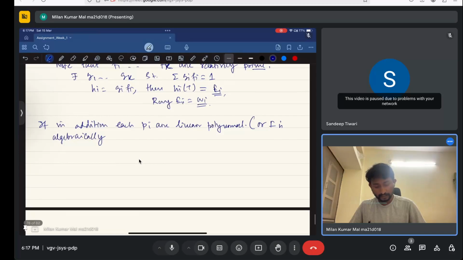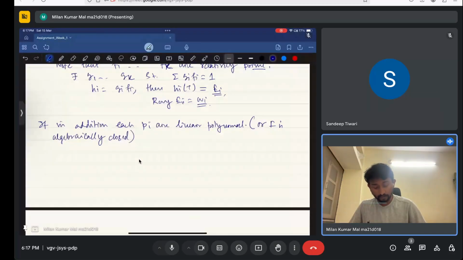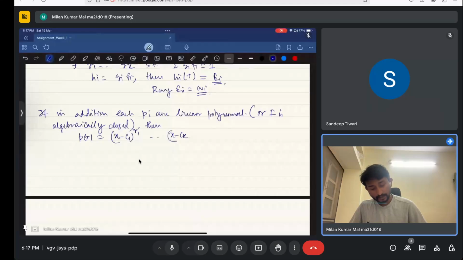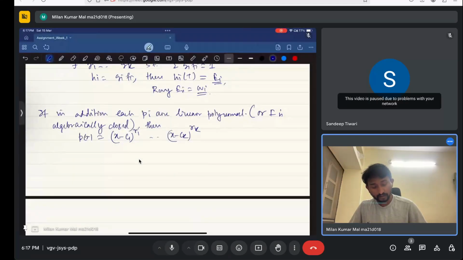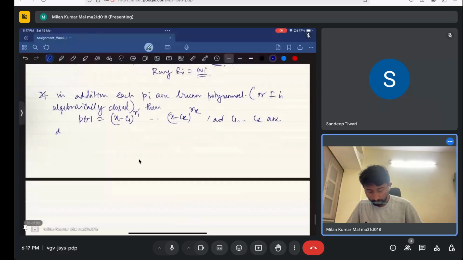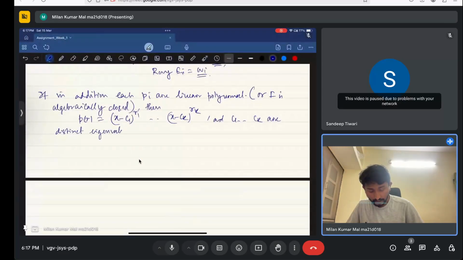In that situation, the polynomial P(x) will be (x minus c1) to the power r1 all the way to (x minus ck) to the power rk, and c1 to ck are distinct eigenvalues of the operator T.